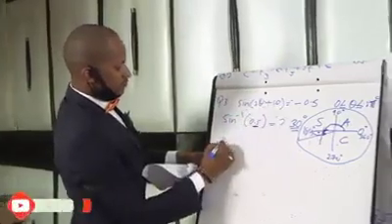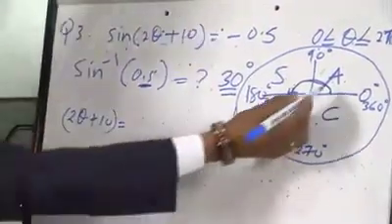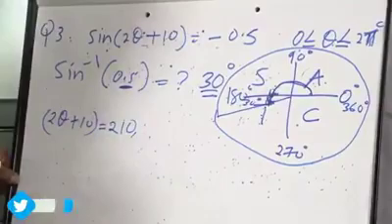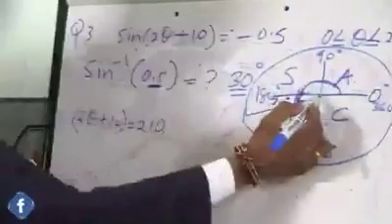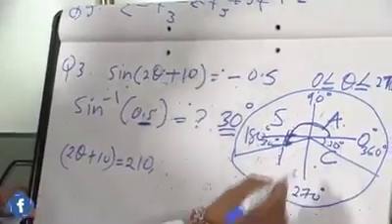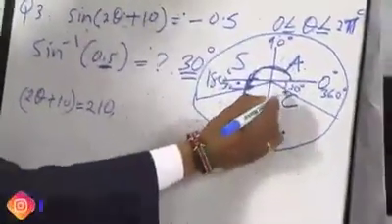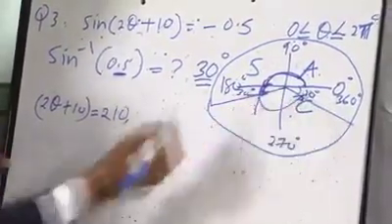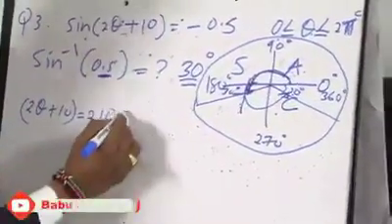Therefore, 2 theta plus 10, our first angle is 180 plus 30, which is 210. Our second angle is 360 minus 30 degrees. You get 330 degrees.